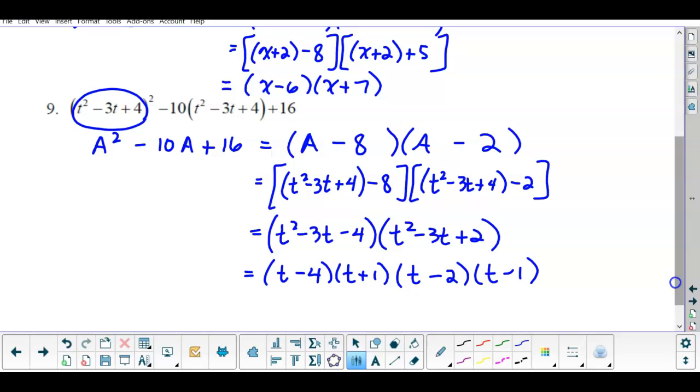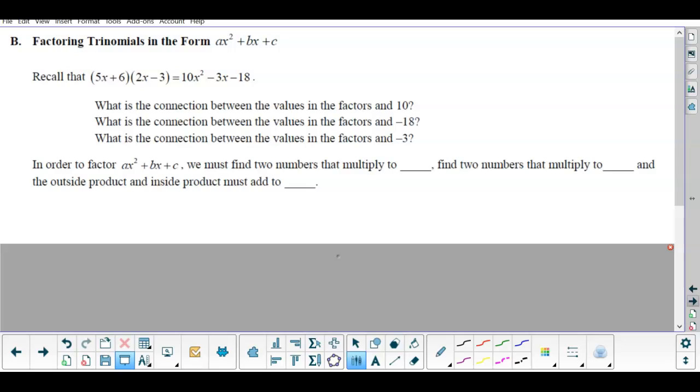Now the non-simple, where you have a coefficient in front of x squared that can't be factored out. So here's an example. Okay, if I were looking to factor this, I can't divide anything out. What's the connection between the values in the factors and 10? Well, the coefficients of the x terms multiply to 10, right?